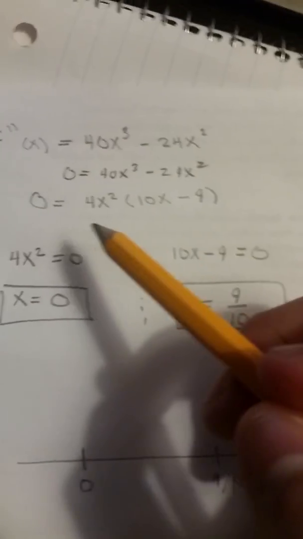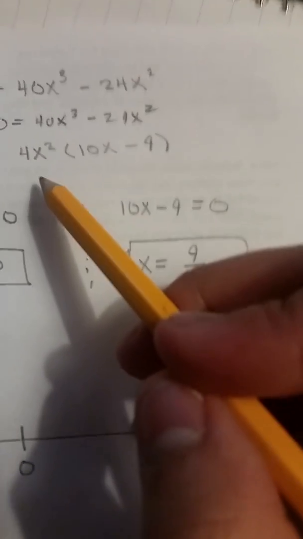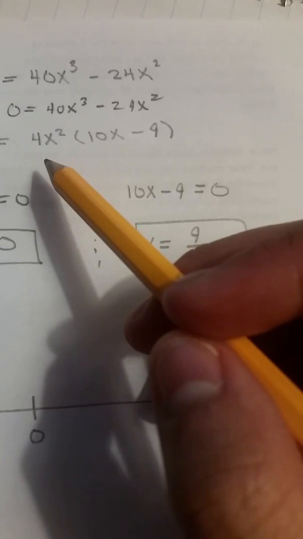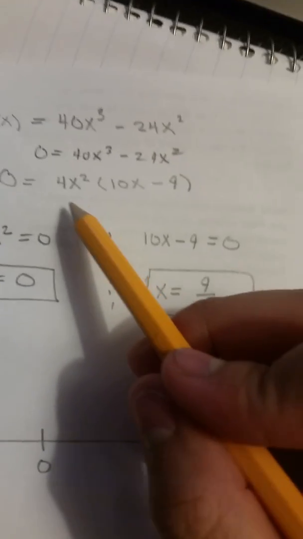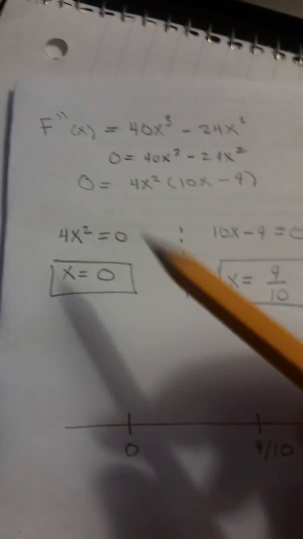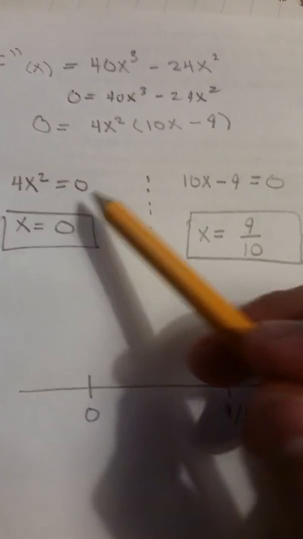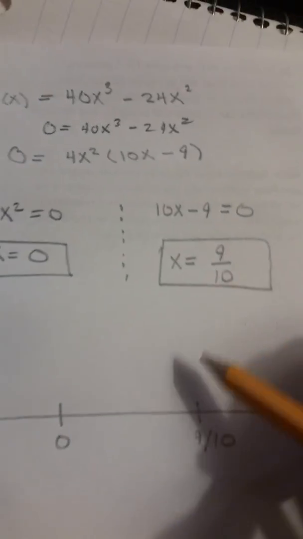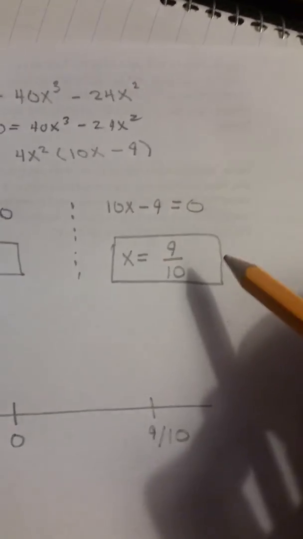Again, factor out the common factor. The greatest common factor here is 4x squared, and in the parentheses 10x minus 9. Setting 4x squared equals 0 gives x equals 0. The second one, 10x minus 9 equals 0, gives x equals 9/10.